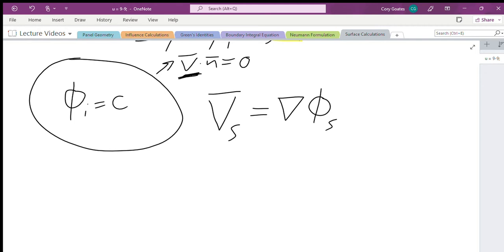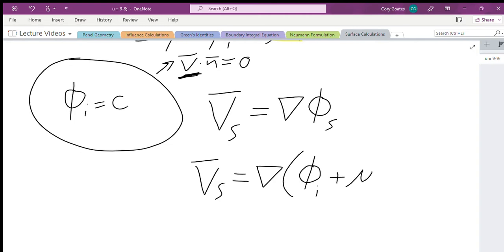So I can now write this as Vs is equal to the gradient of our inner total potential plus mu, because mu is our jump. And remember we said mu is the jump either in perturbation potential or in total potential. It doesn't matter here.